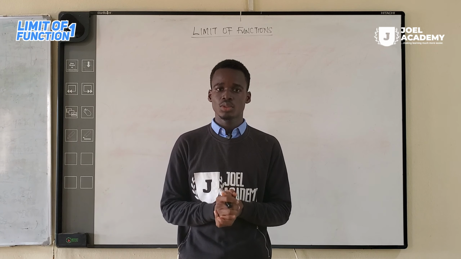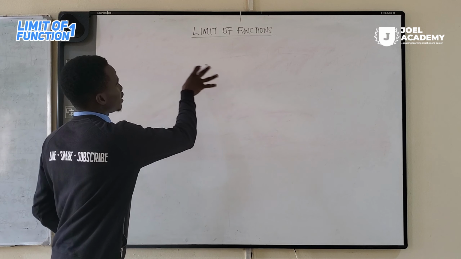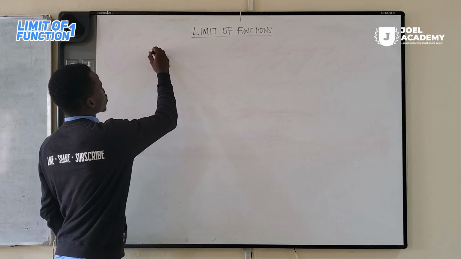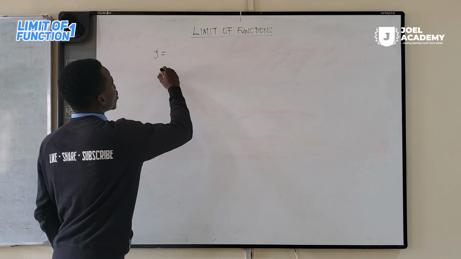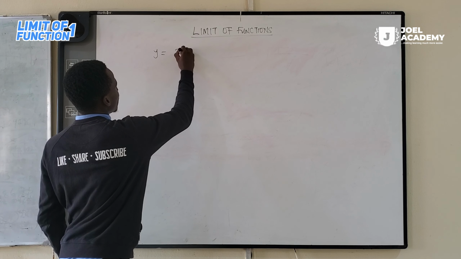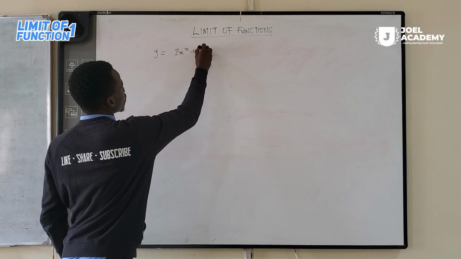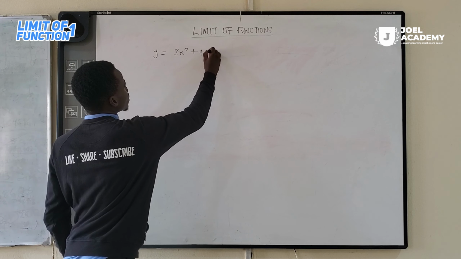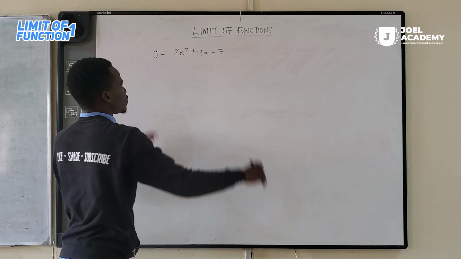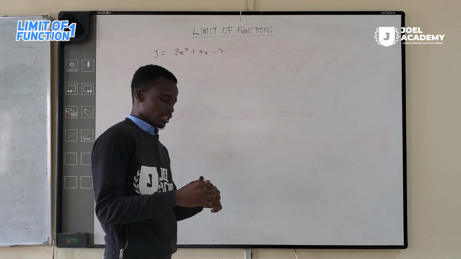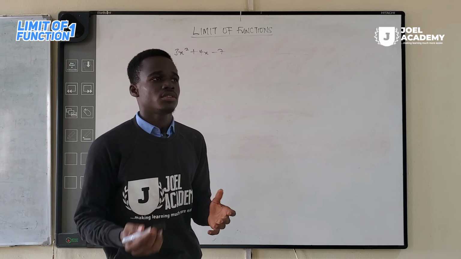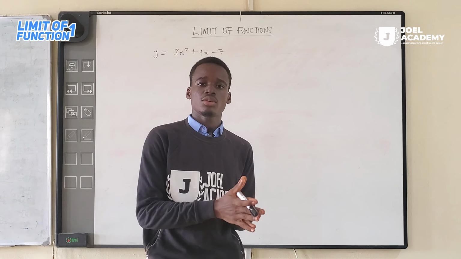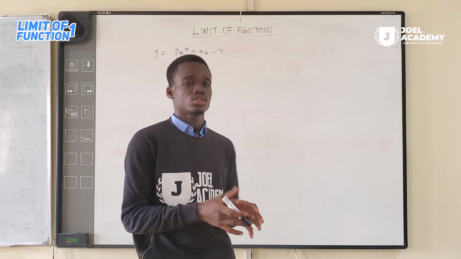So let's start. Under the limit of a function, you can have a function y is equal to 3x squared plus 4x minus 7. So this is a function, right? When it comes to limit of a function, it means that it's tending to something, approaching towards something.